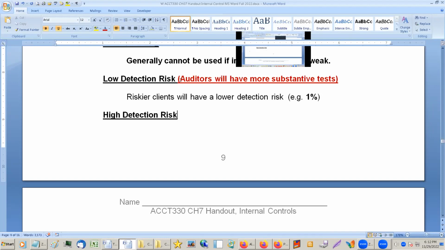So higher detection risk, less substantive tests.